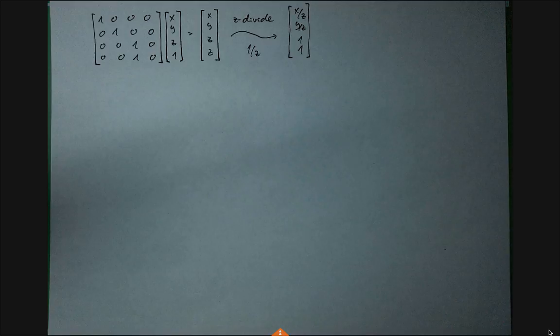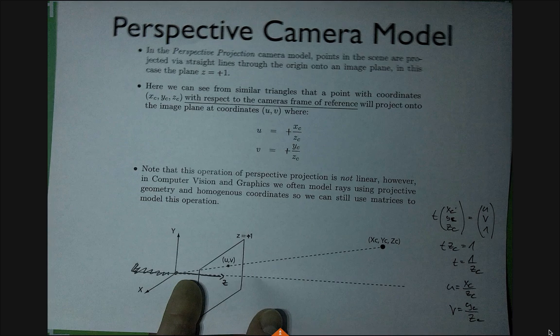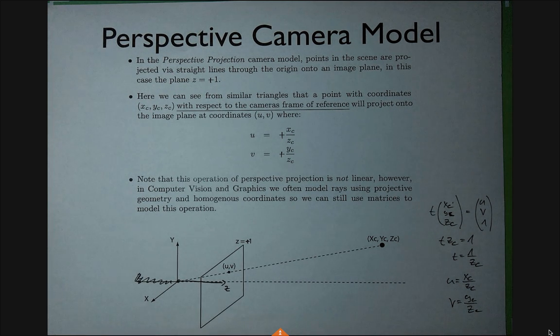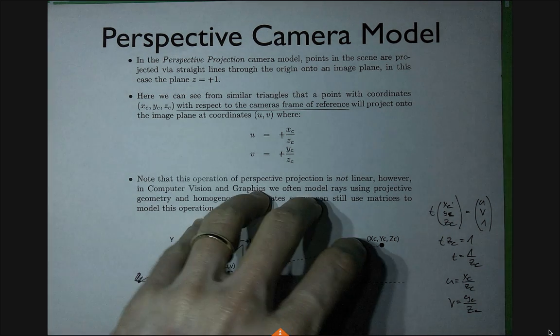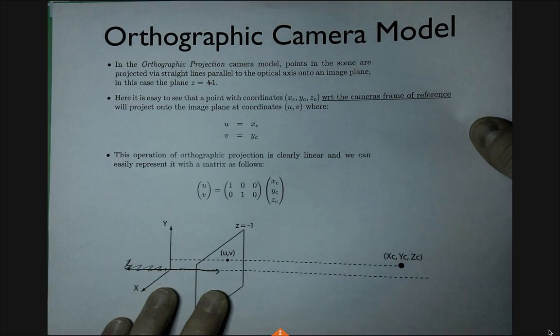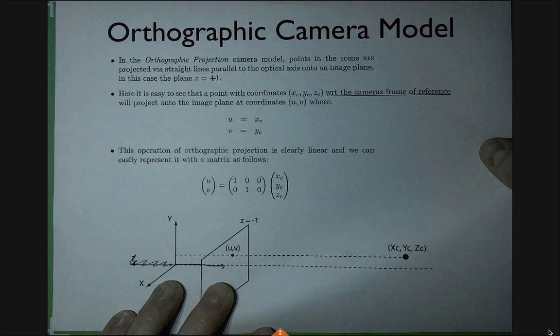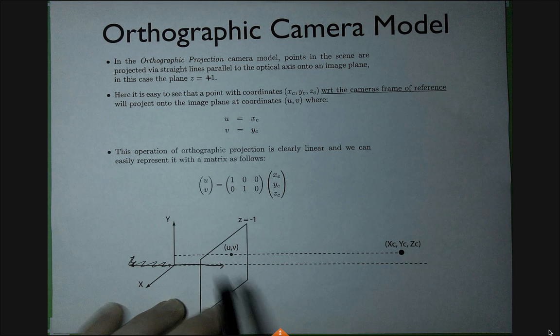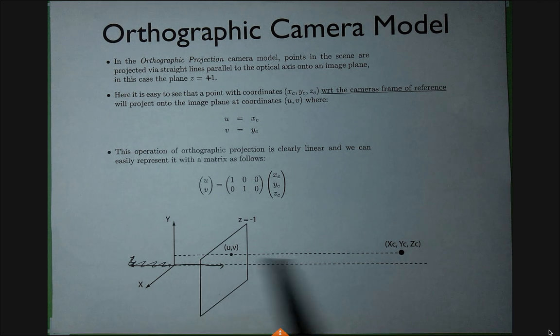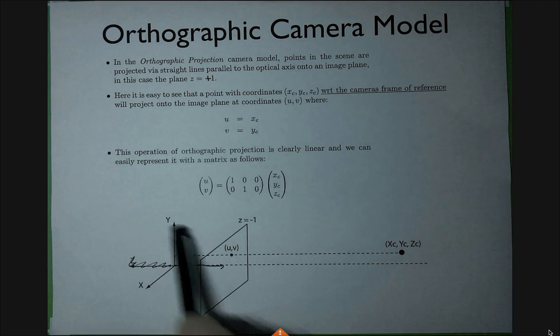Okay, so this was the perspective camera model. And a special case, I guess you could imagine if we were translating this focal point further and further away, we would eventually converge to the orthographic camera, which basically assumes parallel rays. Again, the coordinate system is the same.